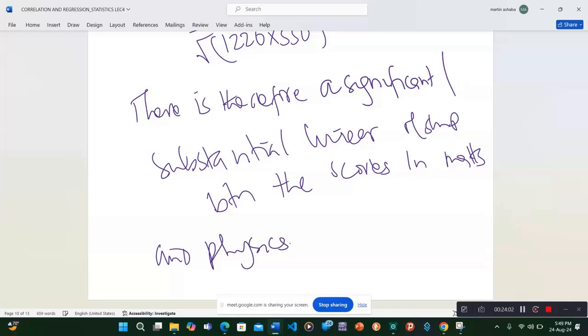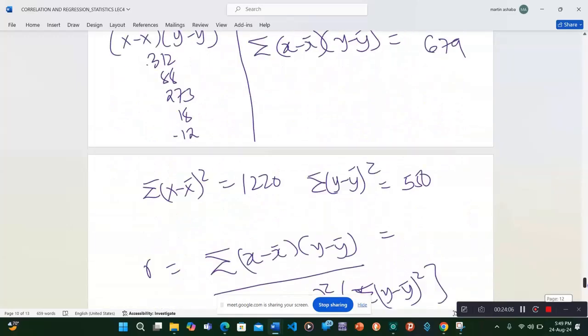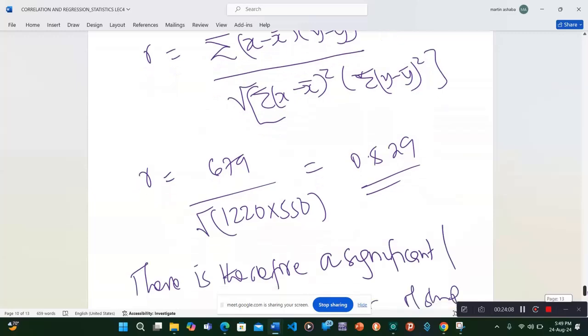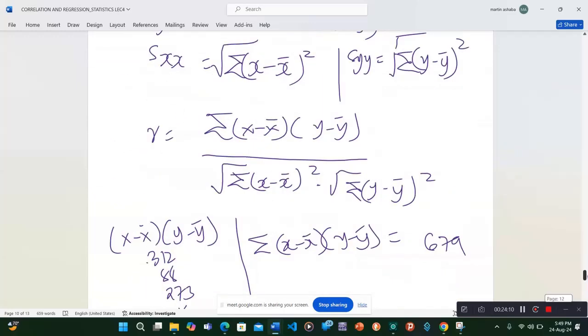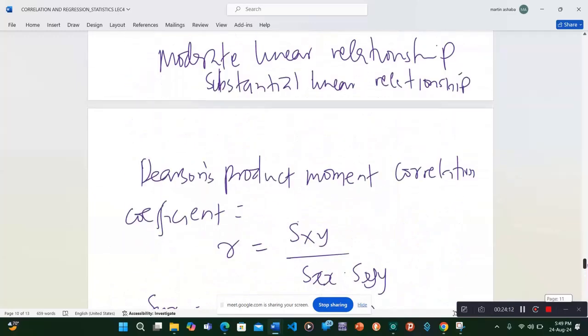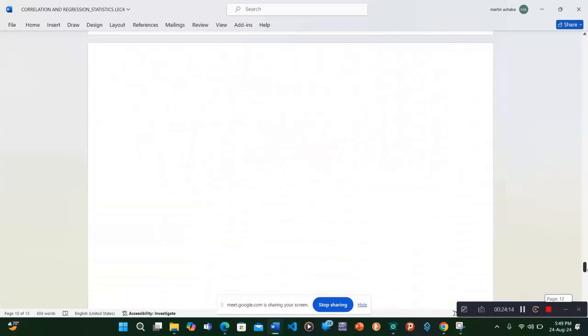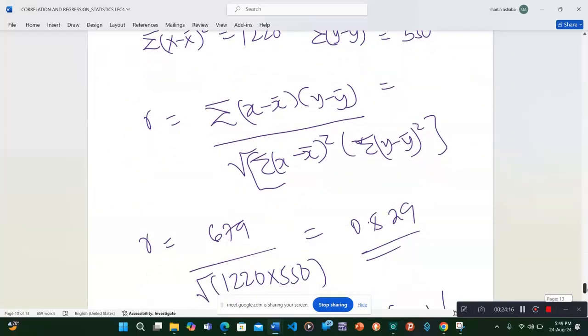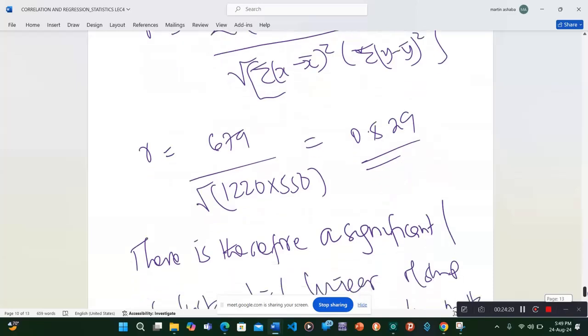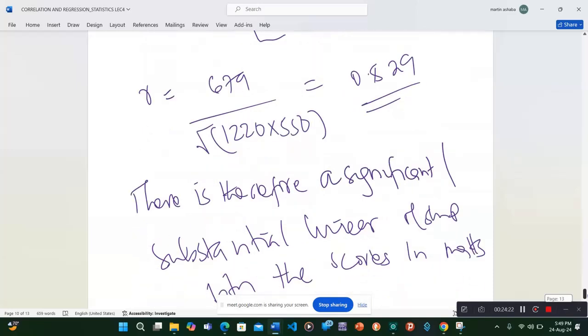So you can see Pearson gives us 0.829, but Spearman's rank correlation coefficient gives us 0.7, which is at least they are all agreeing on the same conclusion, though they are giving different levels of the relationship, the levels of strength of the relationship.